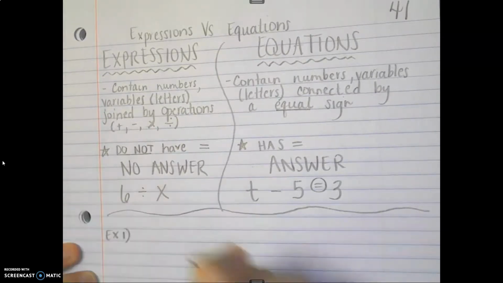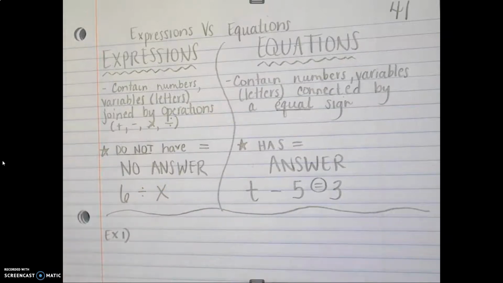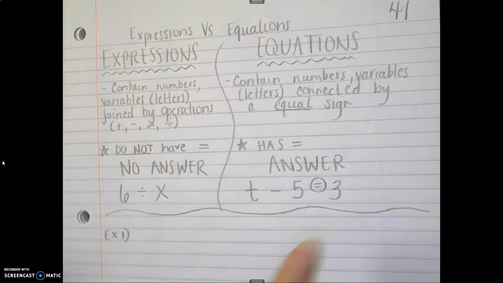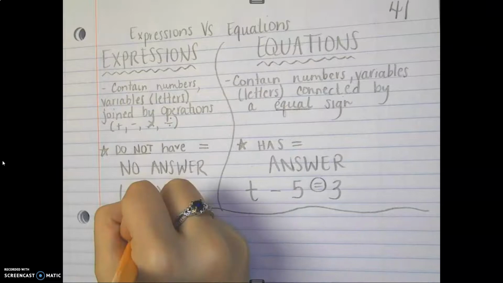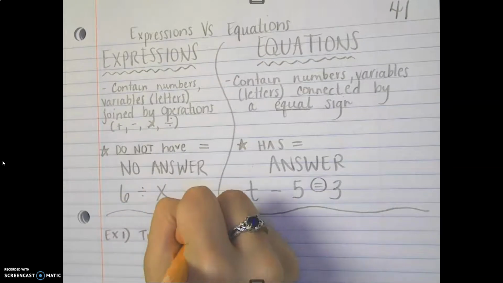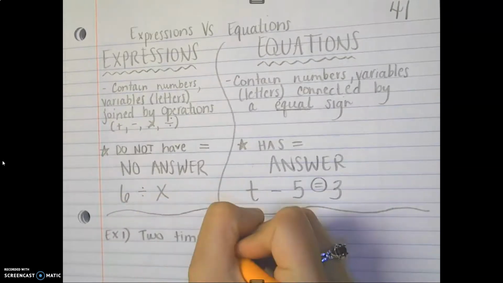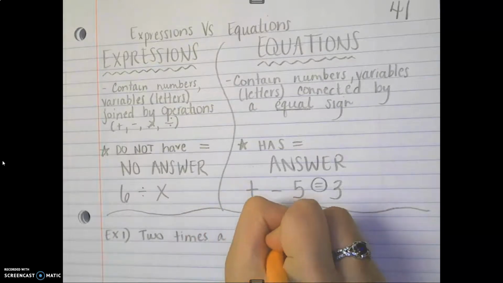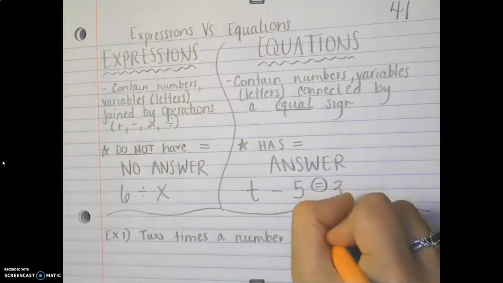Example 1. So sometimes you'll be given examples like this where you see the numbers and the letters, and sometimes you'll be given sentences. So like 2 times a number is 14.